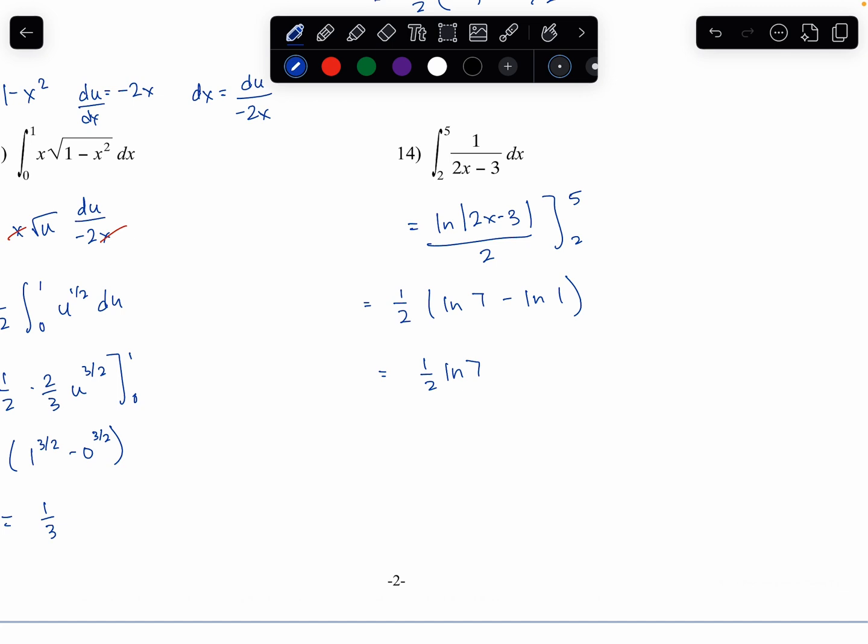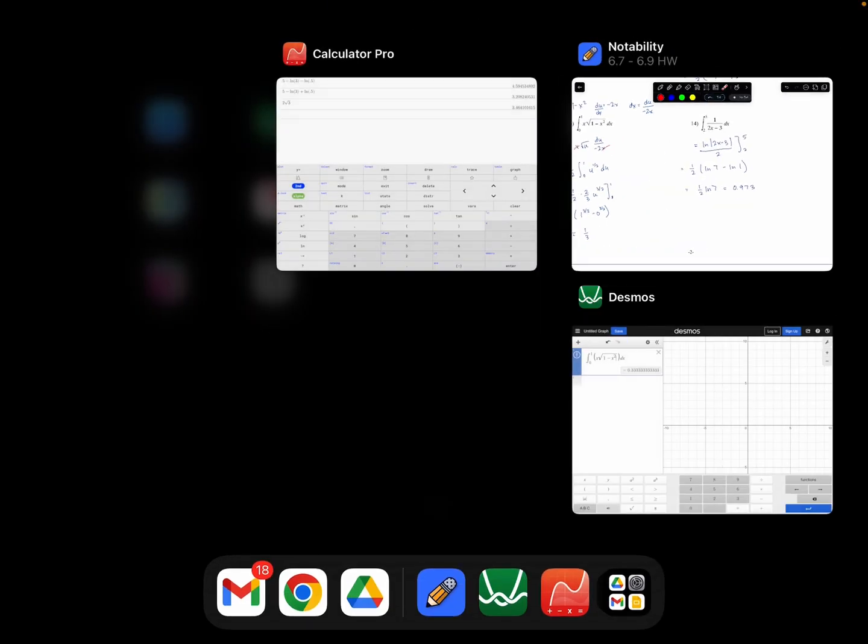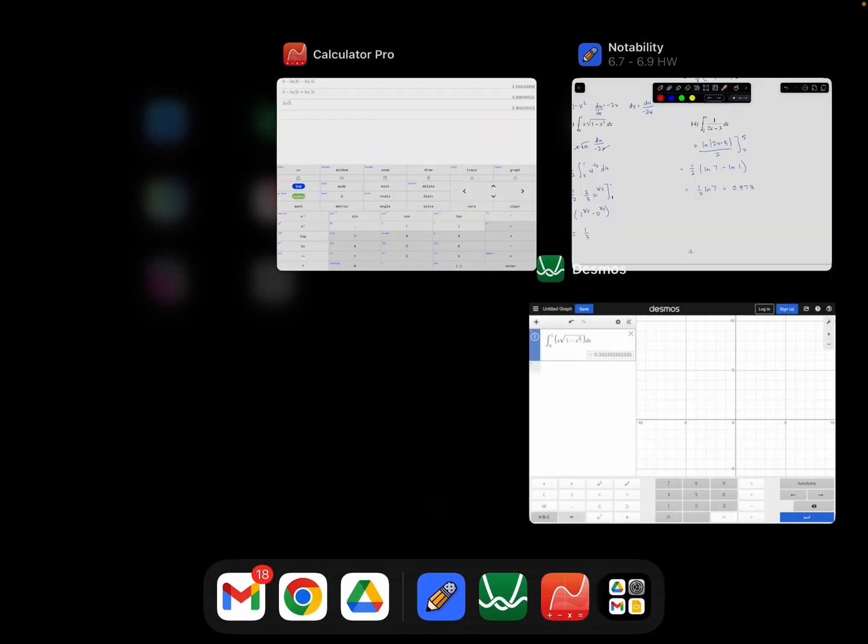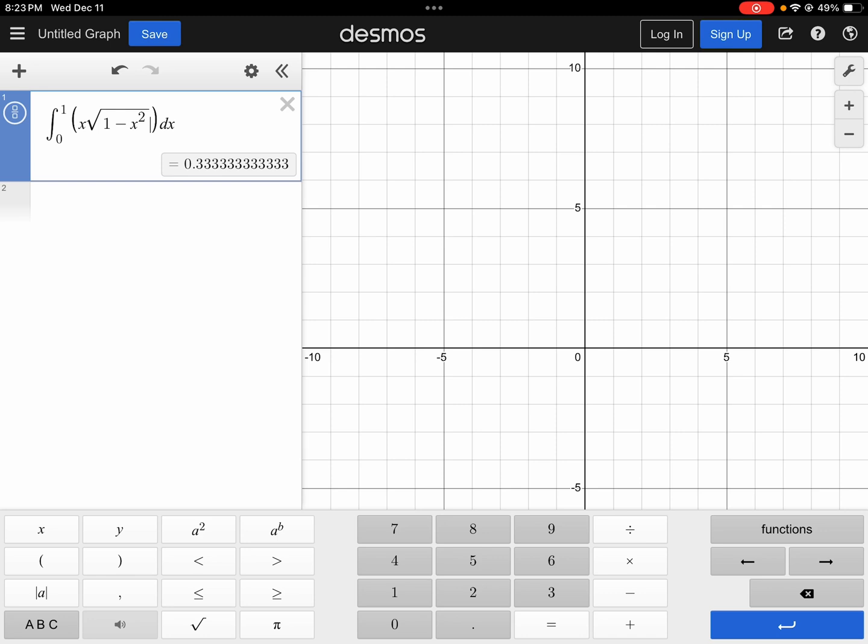And 0.5 natural log of 7 is equal to 0.973 when I round. And so let's check this in my calculator. So 1 divided by 2, x, 1 divided by 2x, was it plus 3?